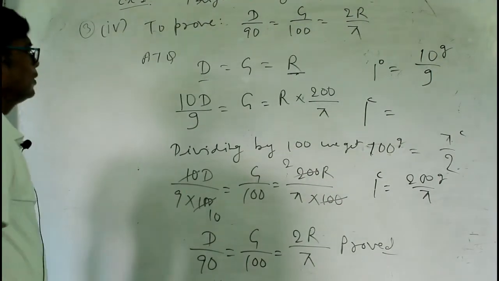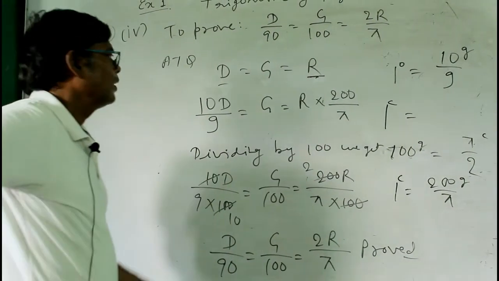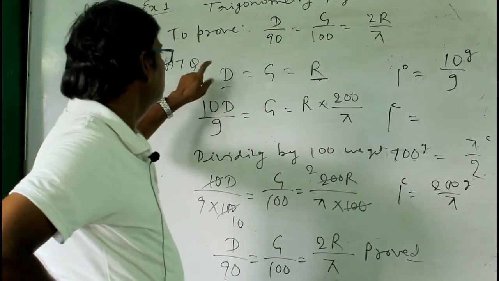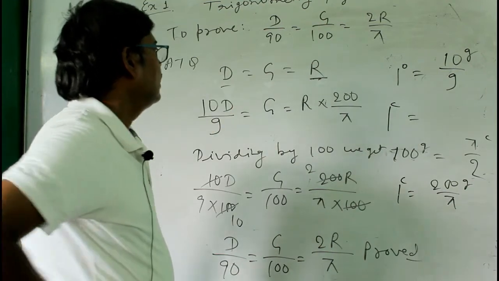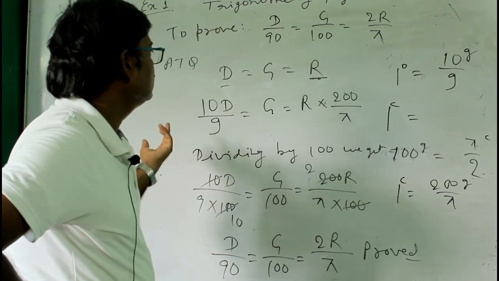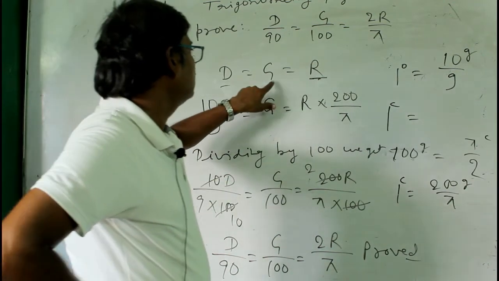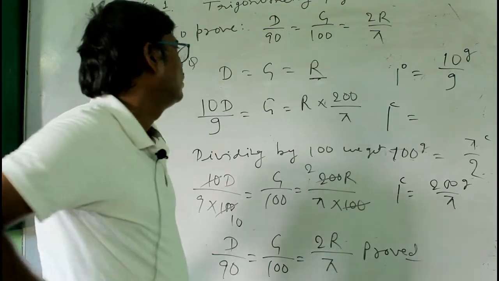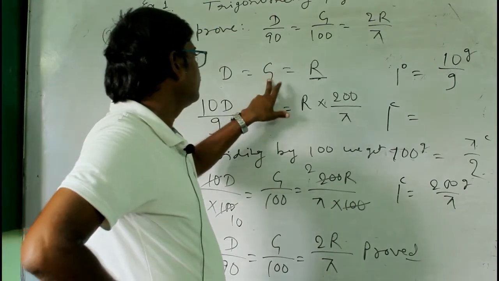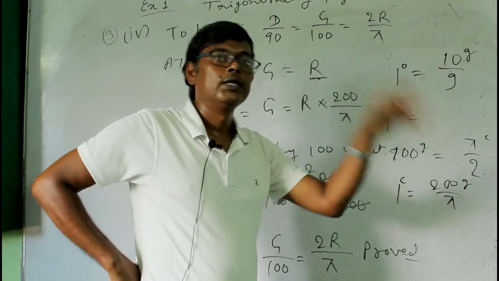So you can prove it like this. Here I have converted the degree and the radian into grades. You can also do it the other way: convert this into radian and this into radian, and then again you will get the answer. Also if you convert this into degree and this into degree, you will get the answer.